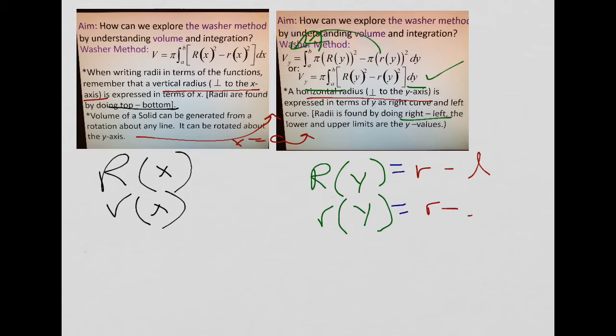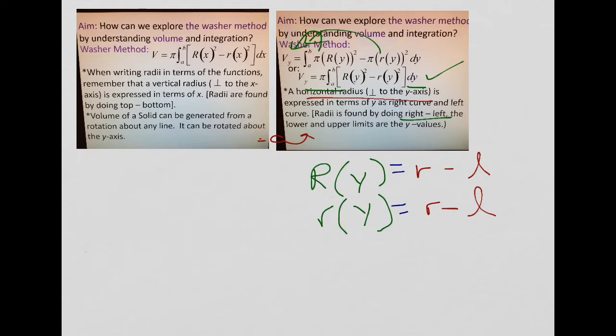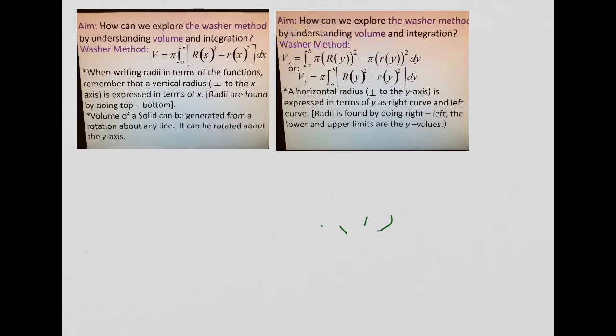So I'm just using R minus L right now. We're going to do an example problem. Just keep in mind, it's the reverse of what we were doing before. A few things stay the same, such as sketching and integrating, but other than that, it's reversed.